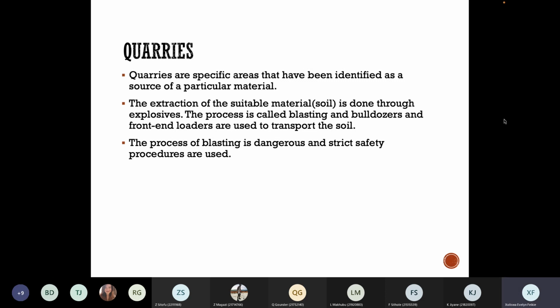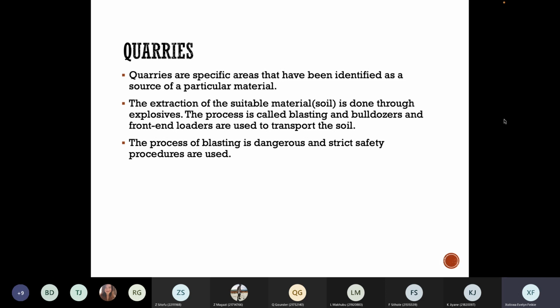So if we're constructing a road, and we do the site investigation, and we realize that our preliminary tests indicate that the soil that we have here is not suitable for use, then they will look for a quarry. A quarry is a specific area that has to be identified as a source for a particular material.